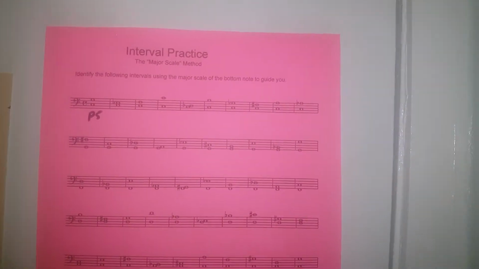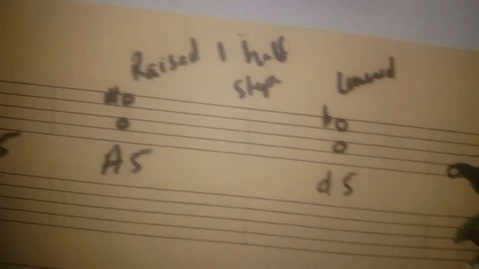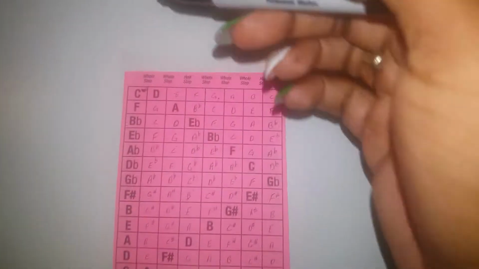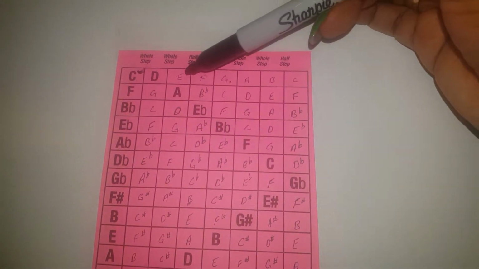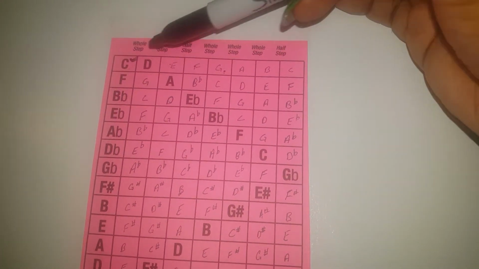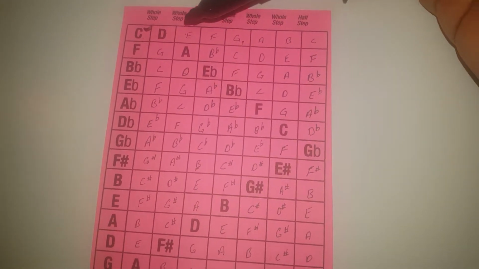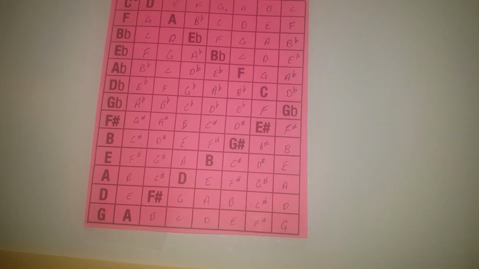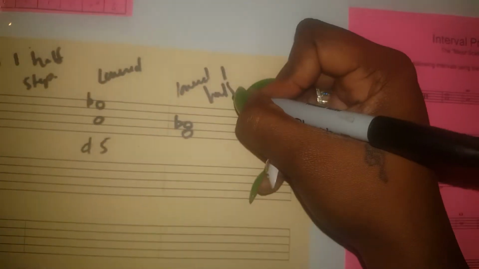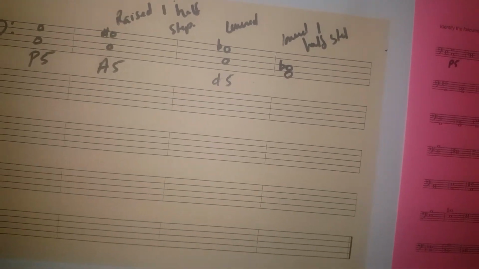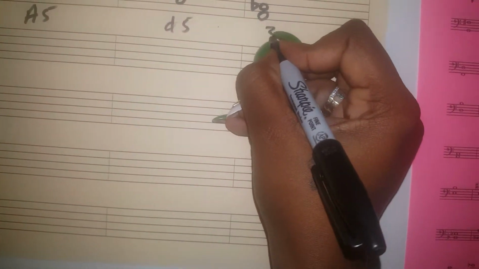Now the next one we have here is C to E flat. In the key of C major, E is a natural. So if it became a flat, a natural going to flat means it was lowered 1/2 step. And if it was lowered 1/2 step and it's a third, we already know it's a third.